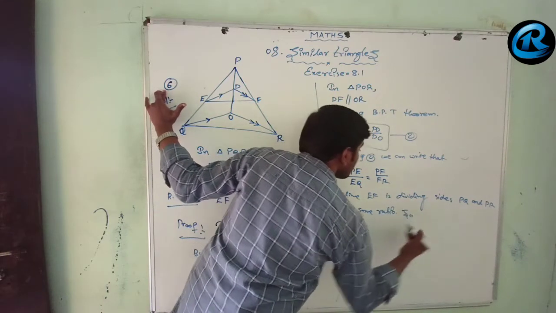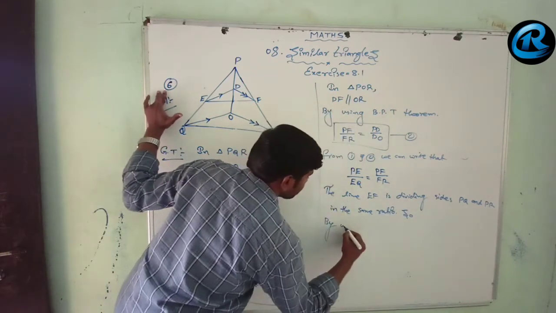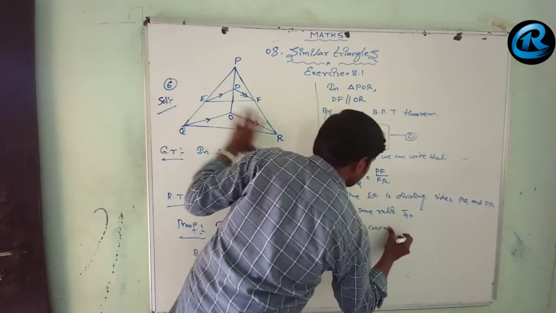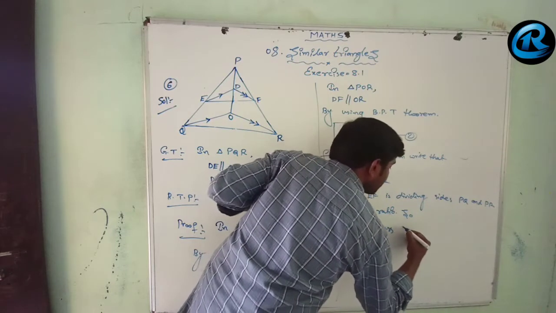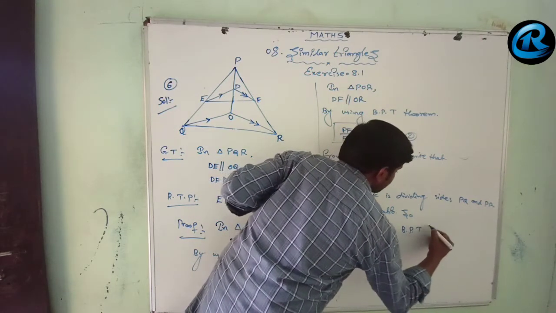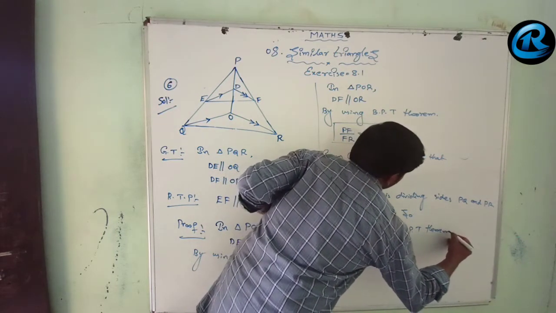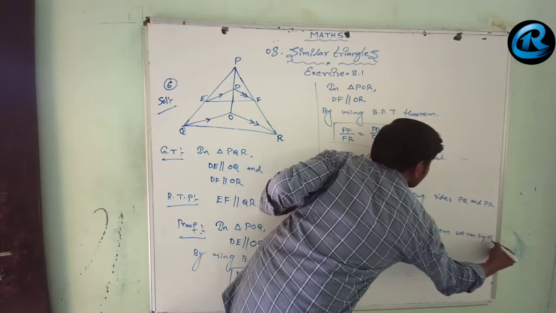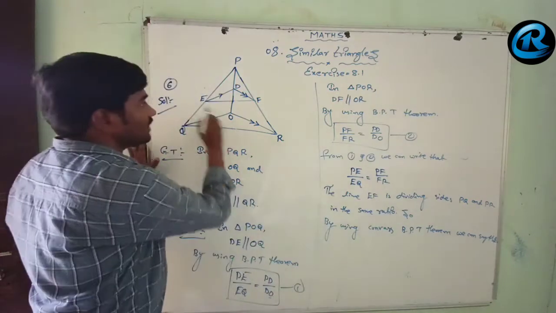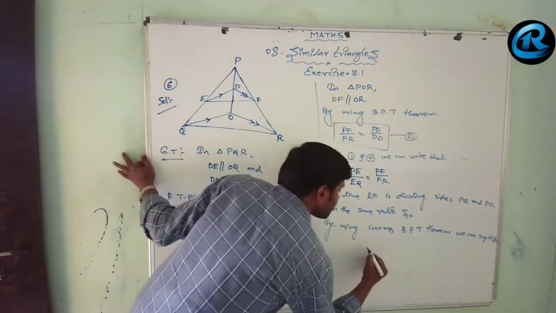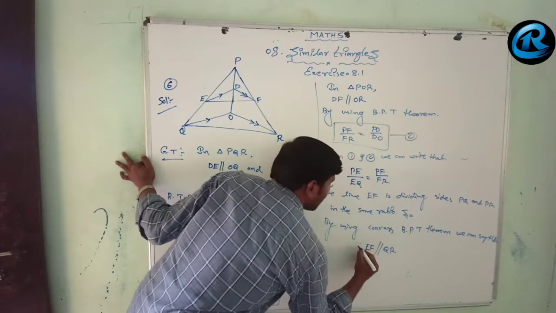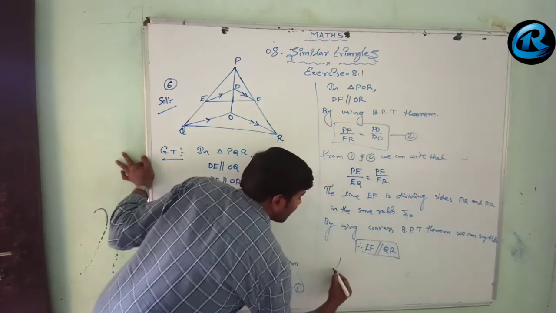So by using the Converse of BPT Theorem, we can say that EF is parallel to QR. EF is parallel to QR.